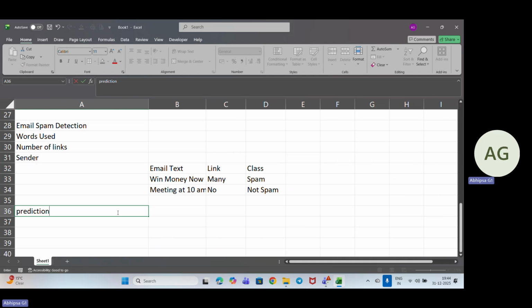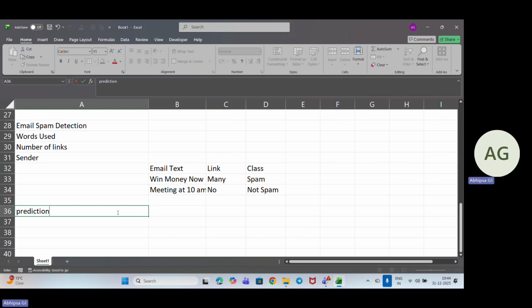Then how do we tackle it? We need to look at the accuracy. Accuracy means how good the model is and how well it is performing. So based on how many answers are correct, the accuracy gets decided.